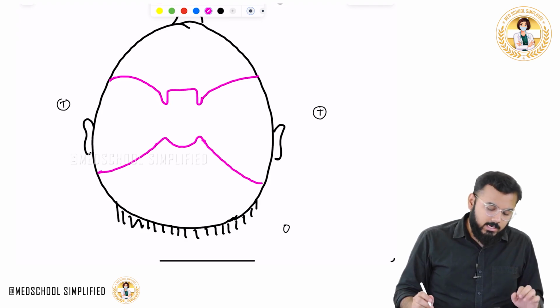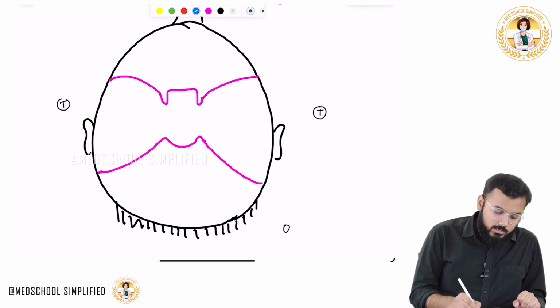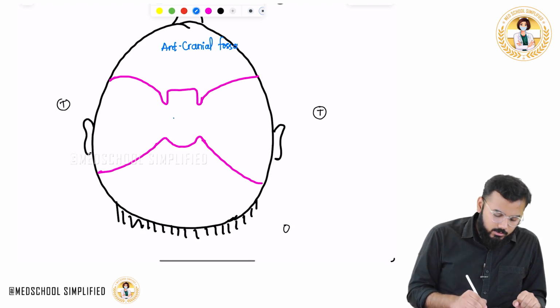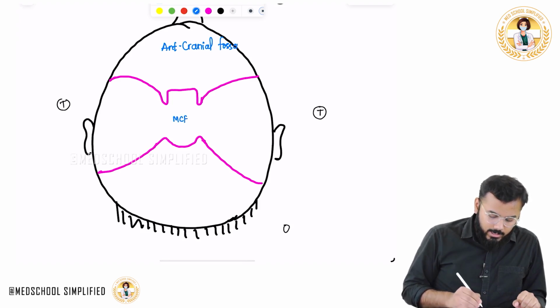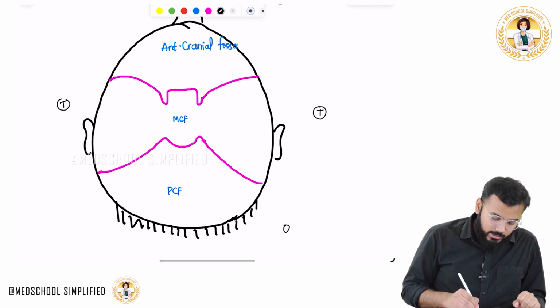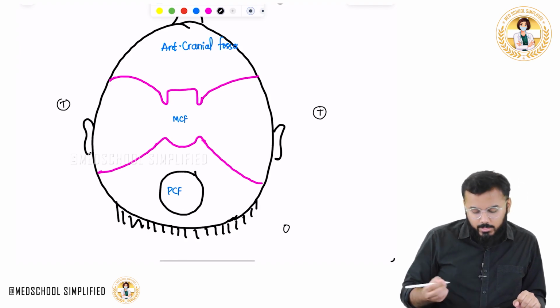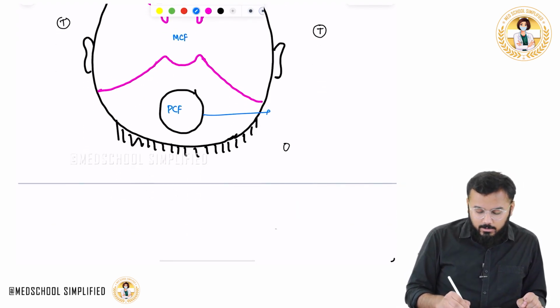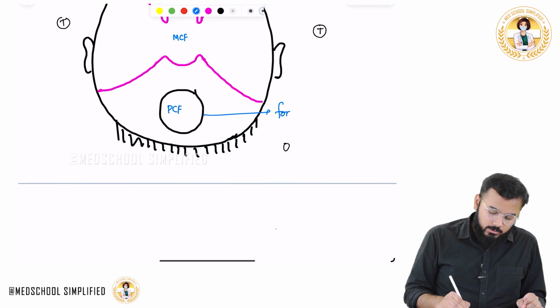Now here you can see three important cranial fossas. What are the three? This is called your anterior cranial fossa, this one over here is called your middle cranial fossa, and this is called your posterior cranial fossa. In the posterior cranial fossa itself you have this opening, called your foramen magnum.